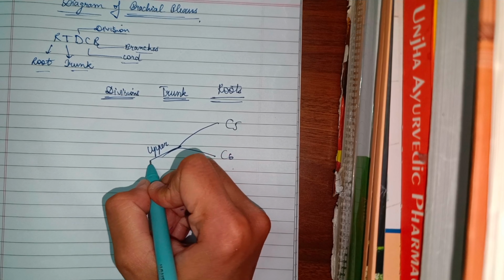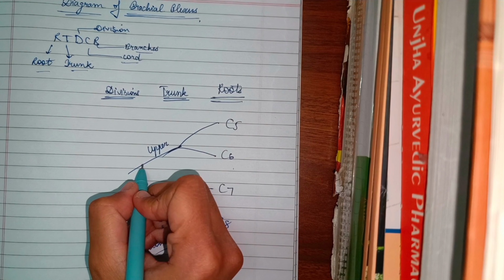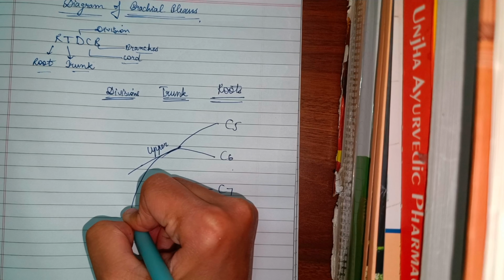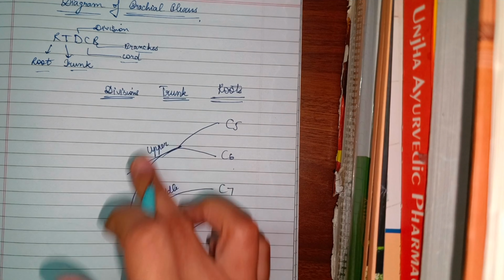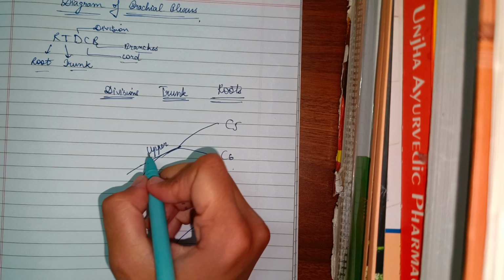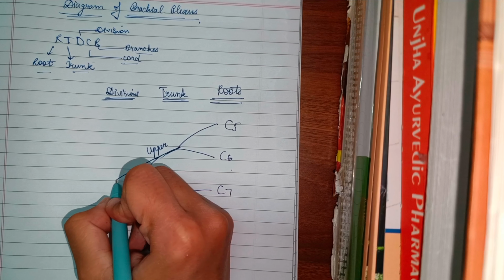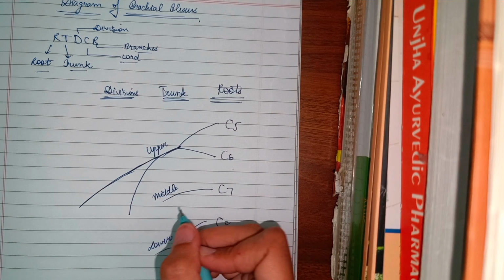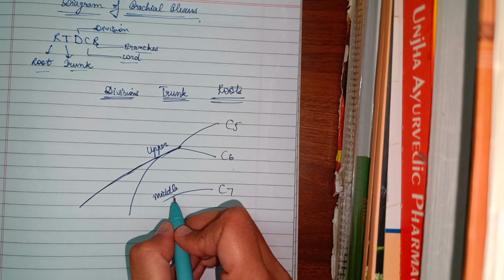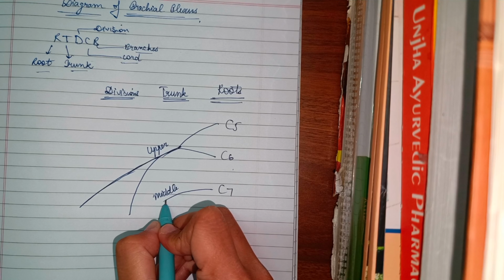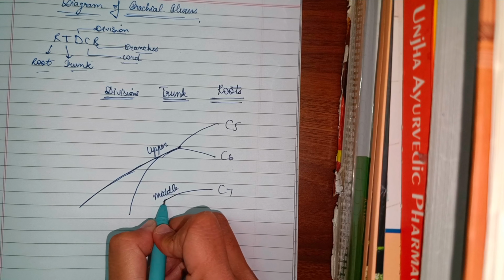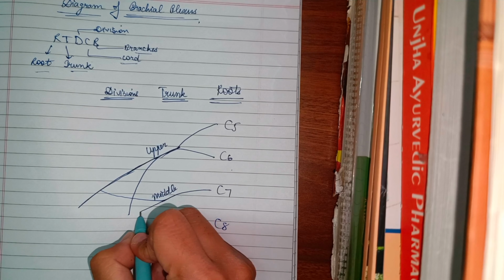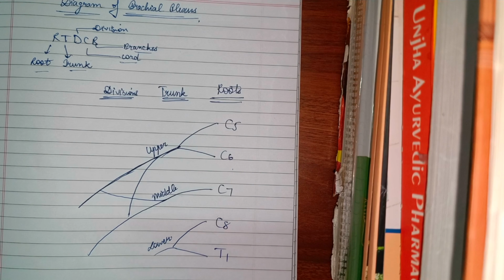So this is our upper trunk. Let's divide it. So the dorsal division will go towards the middle trunk. Ventral division will itself be a continuation of the trunk. And then the middle trunk, its dorsal division will go towards the upper trunk, and its ventral division is the further continuation of the middle trunk.